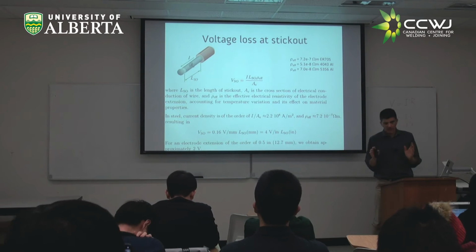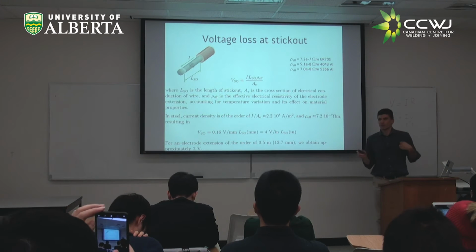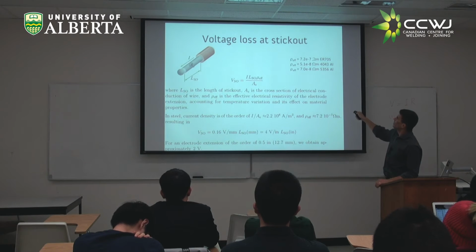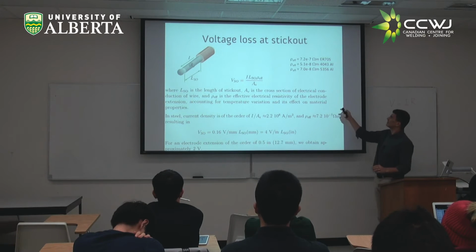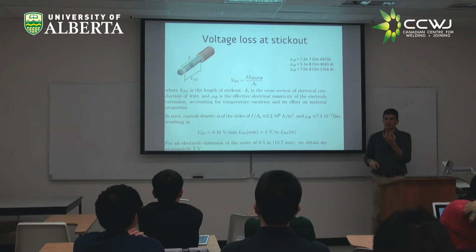So which point do you take, right? I already did that type of calculation, and more or less for steels, this would be the value of the effective resistivity, right? It depends on many things, but more or less this is a reasonable number, at least for now in the class. Now, the cross-sectional area is the electrical cross-section.